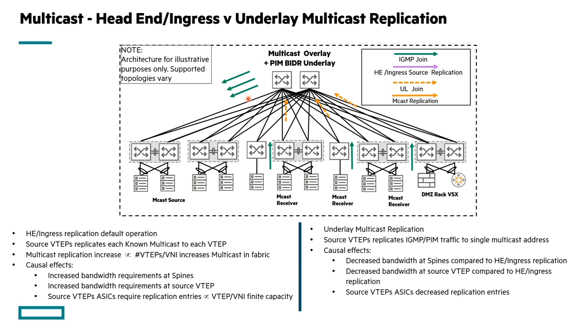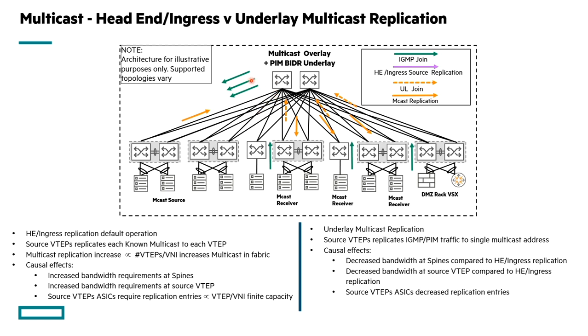The overlay still sends the IGMP joins on the overlay at the same time. This acts as a trigger for the source VTEP, which sends a single underlay traffic packet to join the RP. The spines then replicate the underlay traffic to the multicast receivers who joined that specific stream.